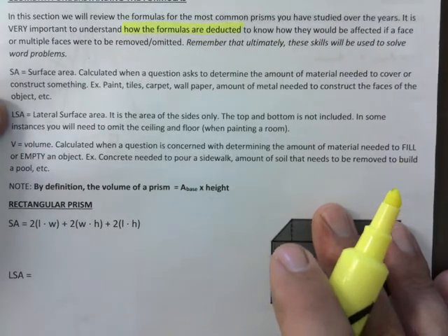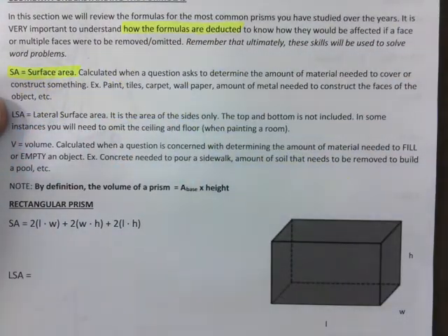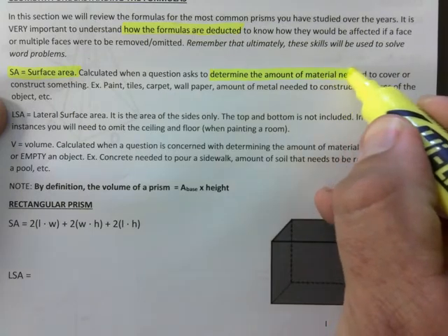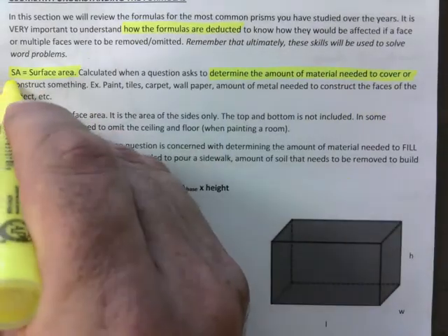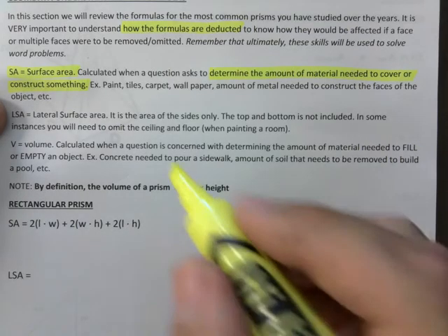So surface area, if you ever see SA, it refers to surface area. It's basically to determine the amount of material needed to cover or construct something. It could be cardboard, fabric, sheet metal, you name it, that you need to cover something with, or need to construct it.